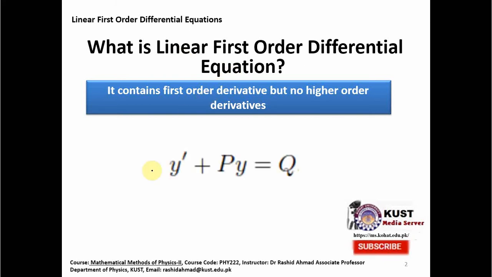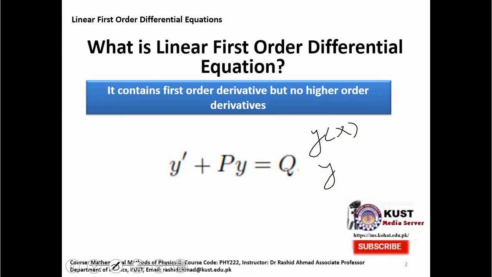So the form looks like this. It's the general form which you see here. The first term contains y prime. By y prime we mean the derivative with respect to x, because y is a function of x.